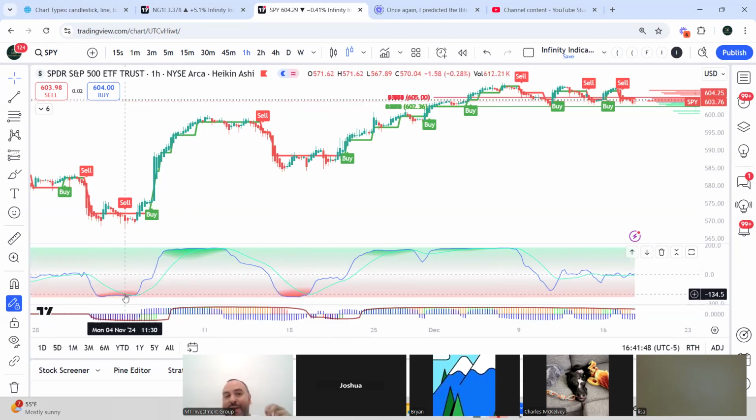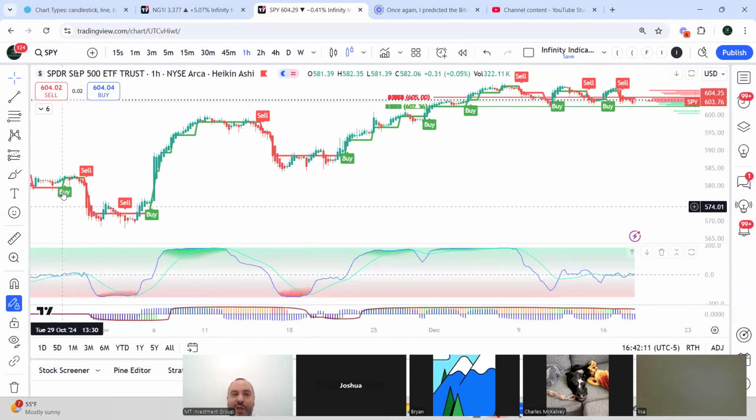You'll see it doesn't actually start the move until the signal line crosses and then heads in the opposite direction. For instance, here, you can follow my pointer. You can see it's shading here, and what that's signaling is that it could be a bottom.